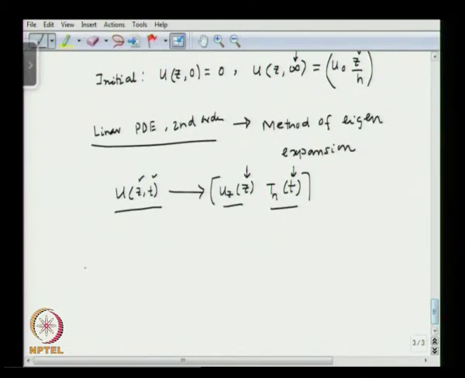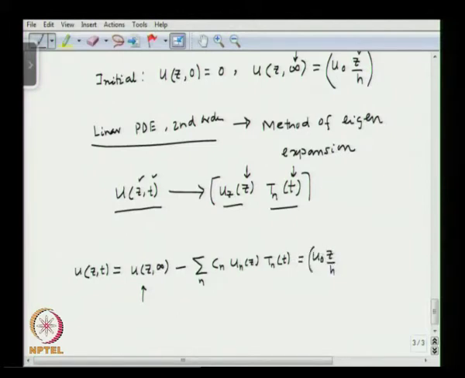If you do that, we can write the solution u(z, t) in terms of a Fourier expansion. We can write this as u(z, infinity), which is the steady state solution, minus the summation over n of C n into u n(z) T n(t), which we can also write as u 0 into z over h.